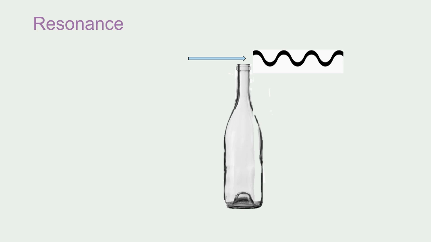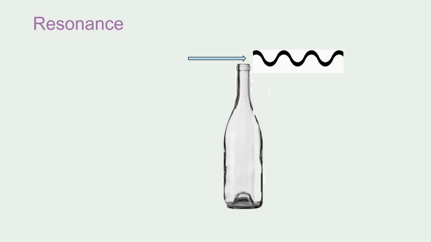Now, bodies of air have this property called resonance, whereby they will also vibrate whenever they are in close proximity to something else that's vibrating. So the air molecules that are vibrating at the very top of the bottle will cause the air inside the bottle to vibrate.